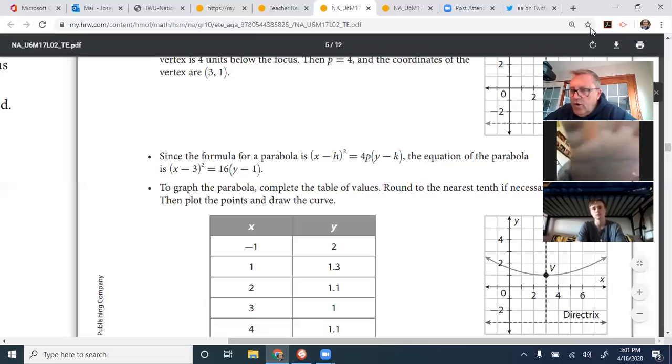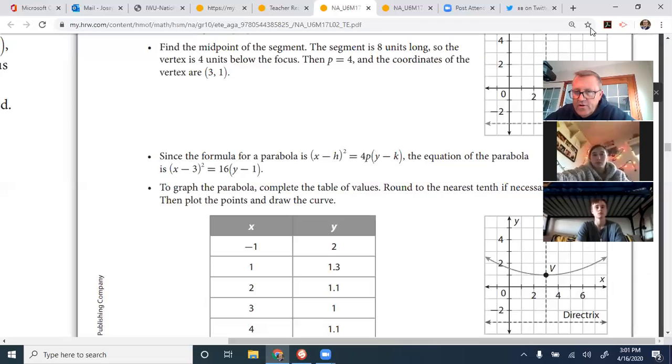No. The problems on e-learning for today are just to help you get ready for the assignment on Monday. Okay? So if you took notes on the vocab, which I wanted you to do, and you did these problems on your turn, those are just for your own benefit to get you ready for Monday. You don't need to submit them.